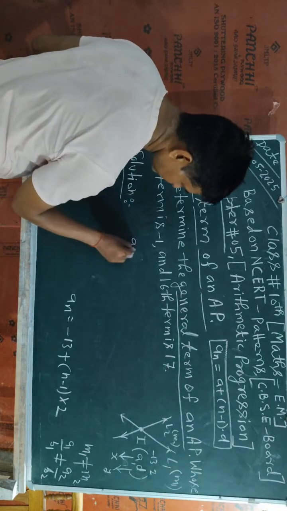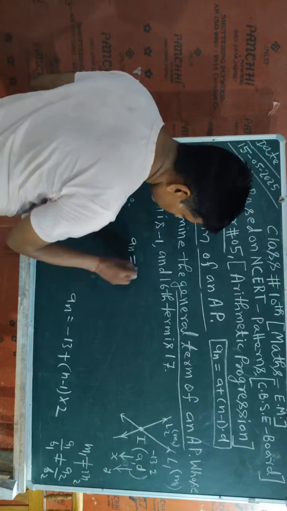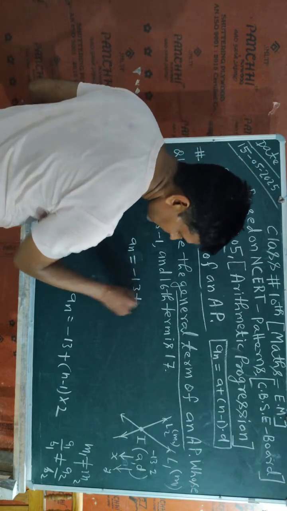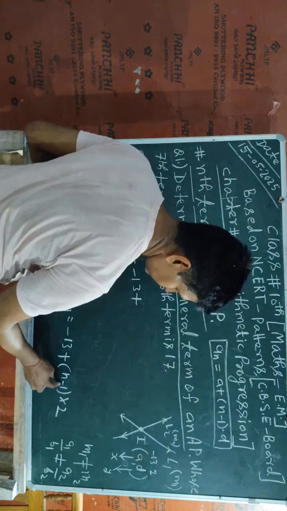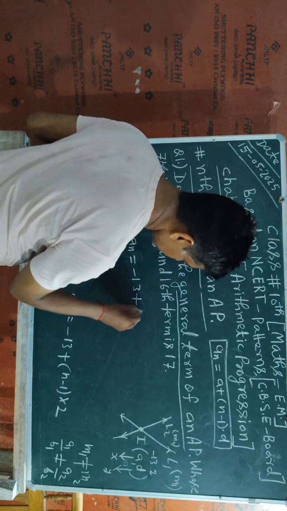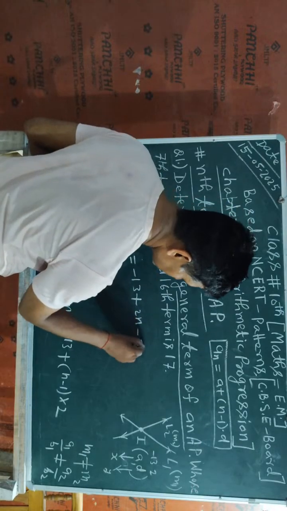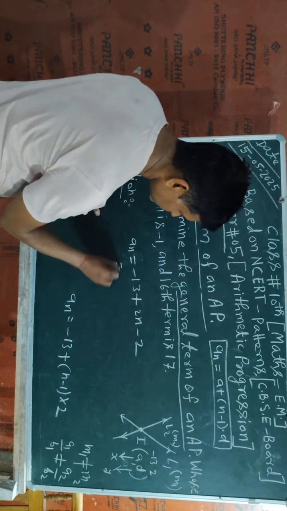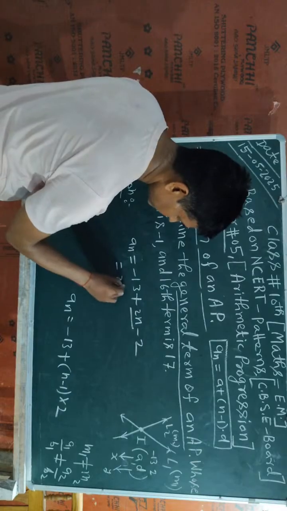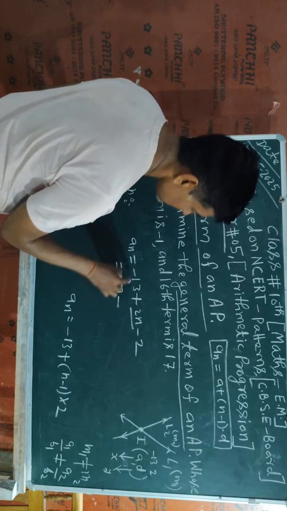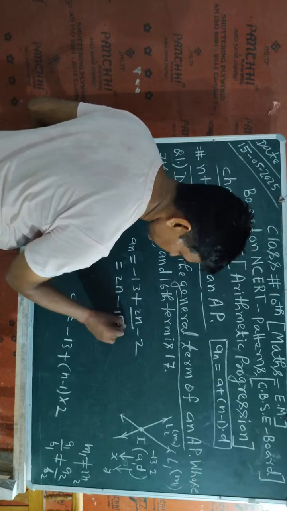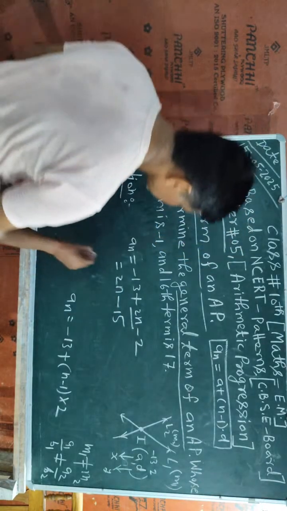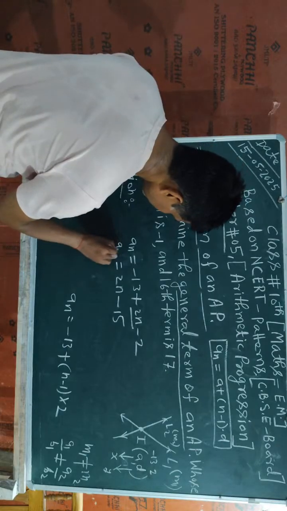So I have to write an is equal to minus 13, and then 2 is multiplied with n and 2 is also multiplied with minus 1. So I will write here 2n minus 2. Again I will simplify: 2n I will write first, and then minus 13 and minus 2, that will be minus 15. Okay student, so this is the general term I have written here.